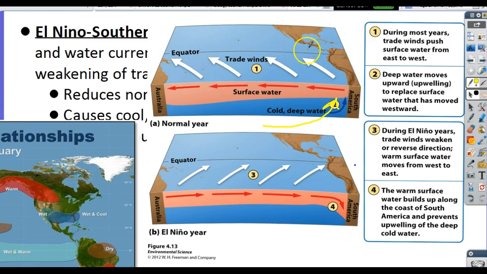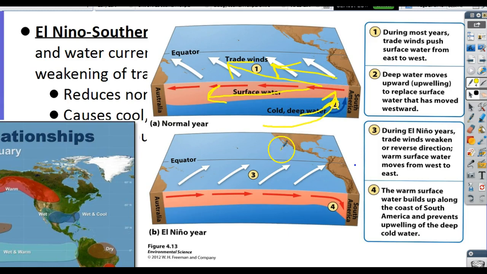Okay, this is because these trade winds go to the west. We talked about the trade winds, right, with the Coriolis effect. So they blow to the west, right? And because they're pushing all of this hot water over here, it creates a deficit here, right? We have like a vacuum, and we have to have water come up and fill that vacuum. So the cold water comes up, and it brings nutrients with it. Now, the little phytoplankton are happy because they need those nutrients in order to survive, okay?